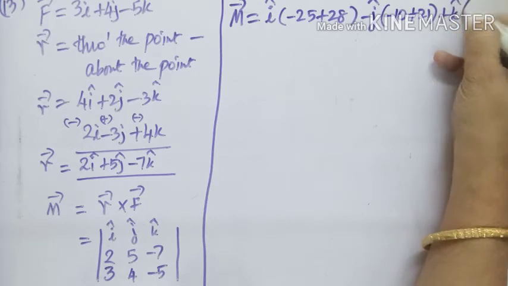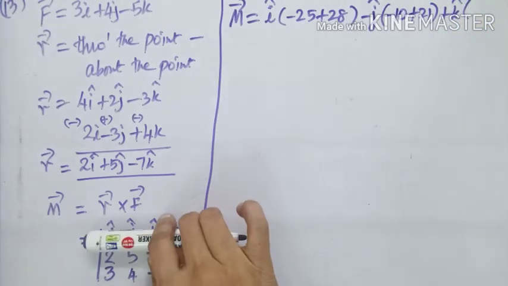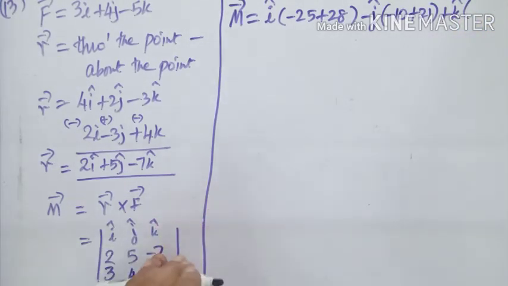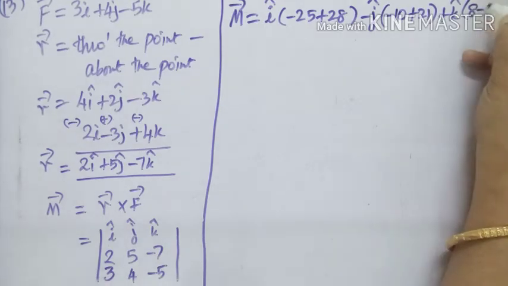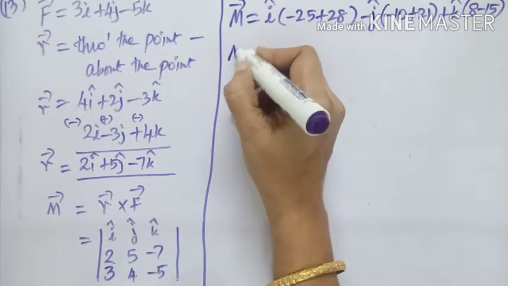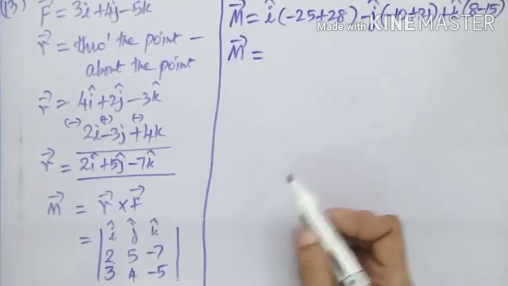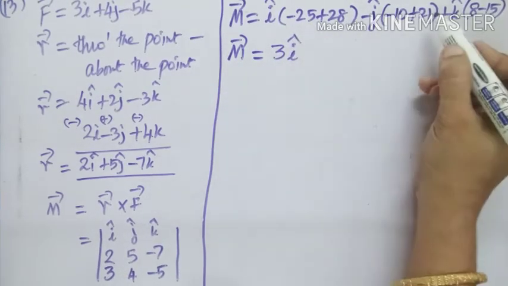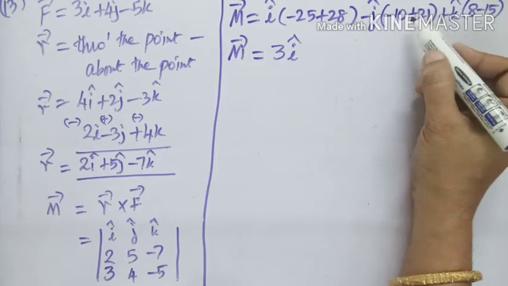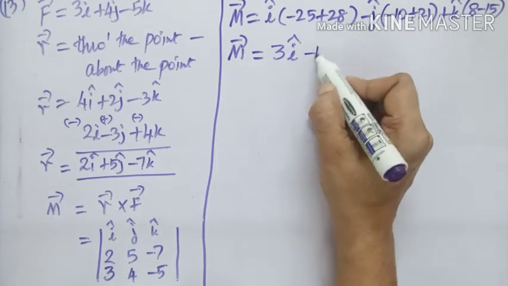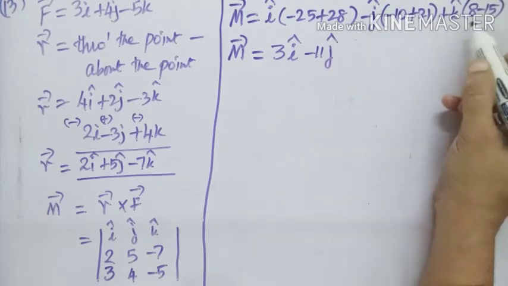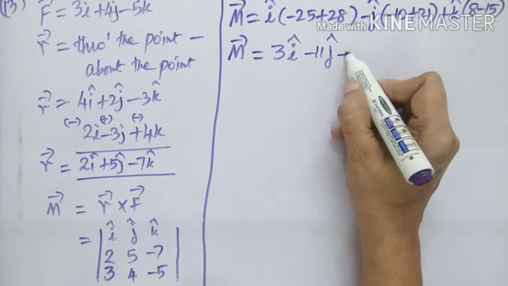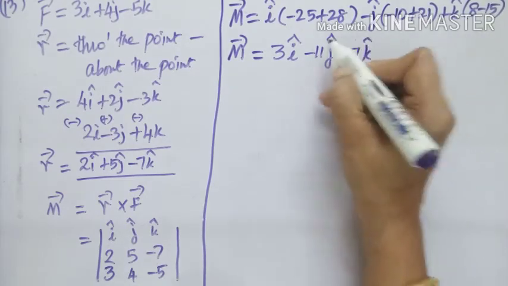Plus K into, hide the row, hide the column, 8 minus 15. So we get M vector is equal to 28 minus 25, 3I. 21 minus 10 is 11. There is a minus symbol. And 8 minus 15 is minus 7K.